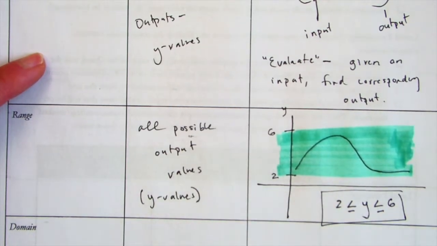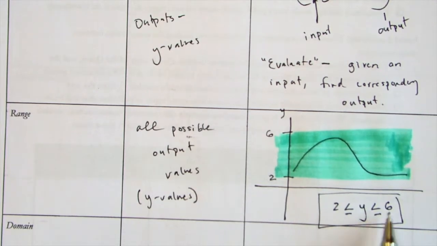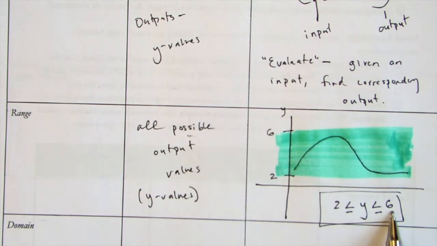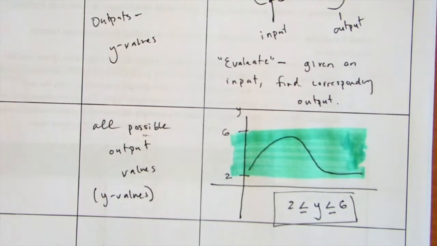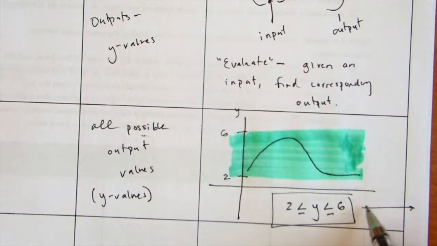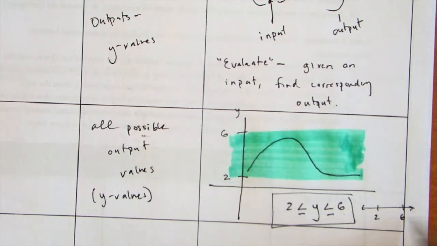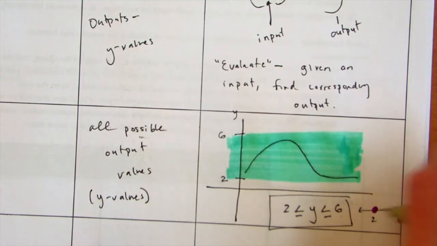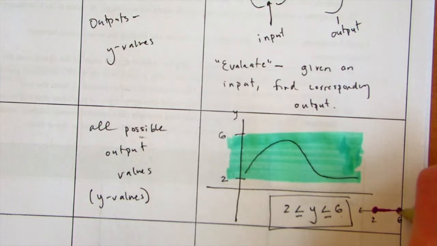So some of you mentioned in the survey that the most confusing questions for you involved inequalities. Another way of saying this expression is y is greater than or equal to 2 and less than or equal to 6. What that looks like on a number line, if I have room, is 2, 6. It means y is greater than 2 but less than 6.